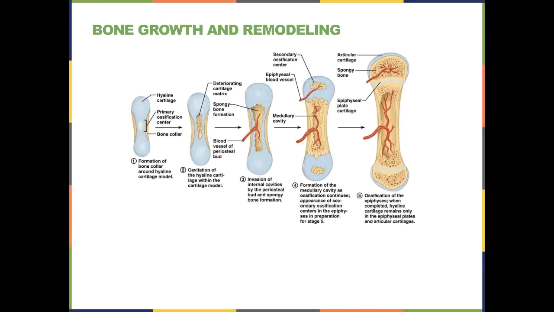At last, on number 5, all the cartilage that's there eventually goes away except for a rim of cartilage known as articular cartilage, which acts as the cartilage between two bones. You have the spongy bone on each end of the bone, and this is then separated from the central part of the bone by the epiphyseal plate and the epiphyseal plate cartilage.